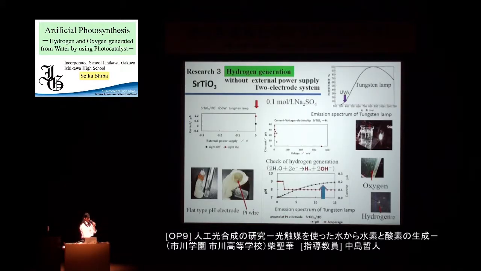By irradiating light from a tungsten lamp, I was able to confirm oxygen and hydrogen with an external power source. Hydroxide ions are generated when hydrogen is generated. Using this fact, since the flat-type pH electrode showed basic, I was able to prove the generation of hydrogen.